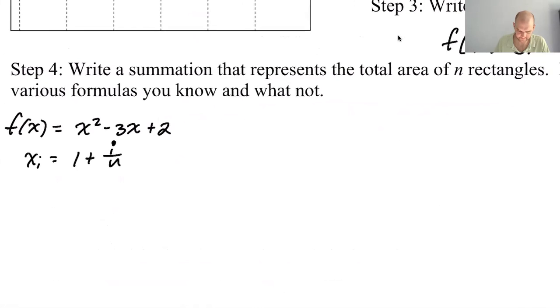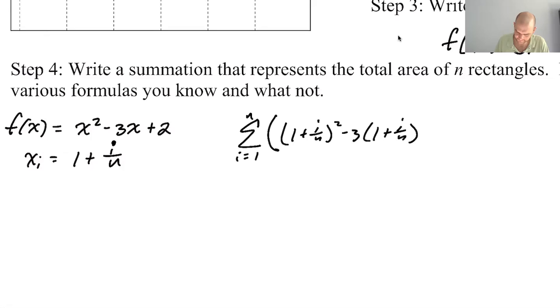So we want the sum from 1 to n of f of x sub i times delta x, with a giant parenthesis around it. So everywhere I see an x, I need to replace it with x sub i. So (1 plus i over n) squared minus 3 times (1 plus i over n) plus 2. Okay, I'm going to close this parenthesis and then times 1 over n.